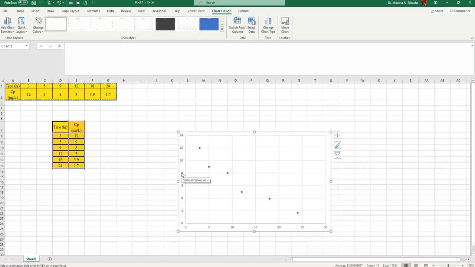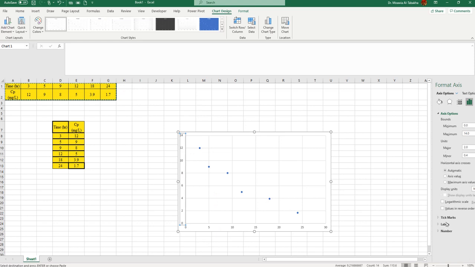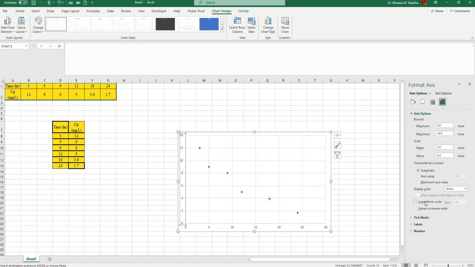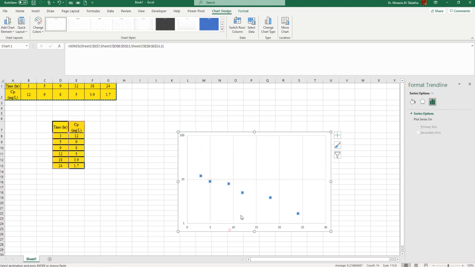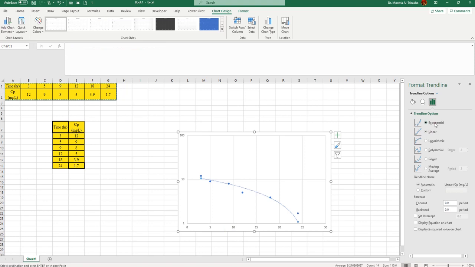Now what I will do is the following. First, I will make this logarithmic. Scale, make it logarithmic, and then I will insert the best fitting straight line as exponential, and I will ask for the equation.